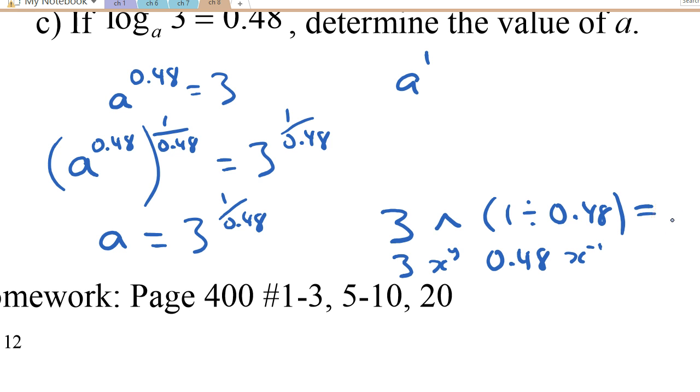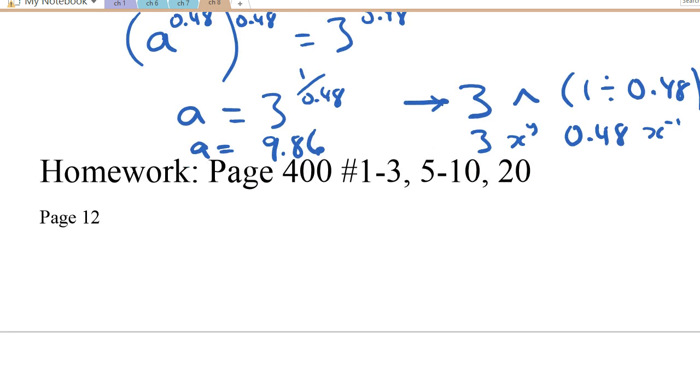This is very, very common. We either use that circumflex, that hat people call it, or the x to the y button. So 3 to the power of, make sure you use these parentheses, 1 divided by 0.48, equals, and I believe you should get an answer of, this might be rounded though, 9.86. Okay, and so there is your homework, and I'll see you guys in class.